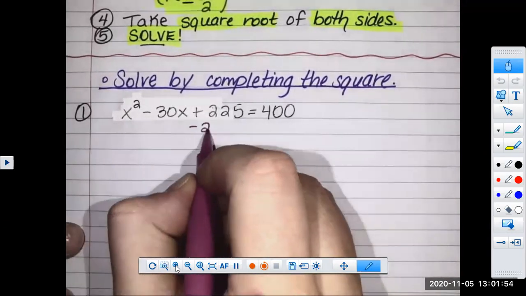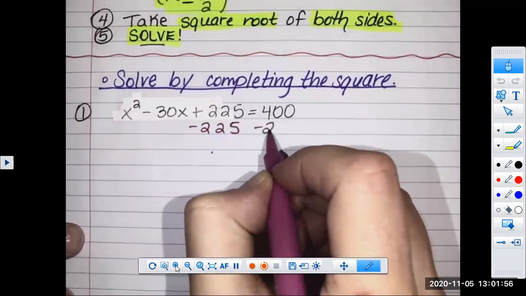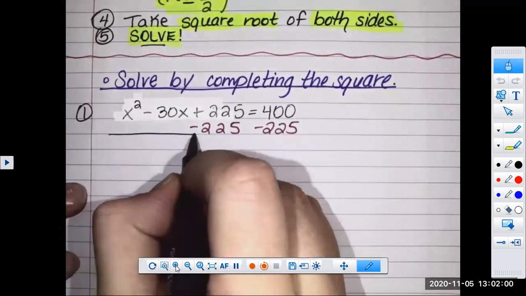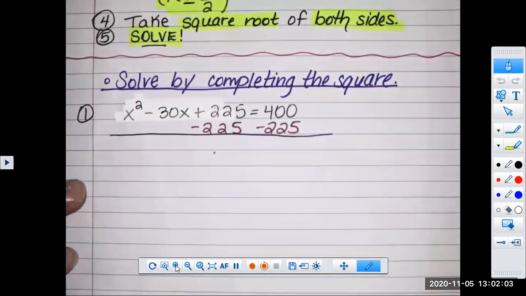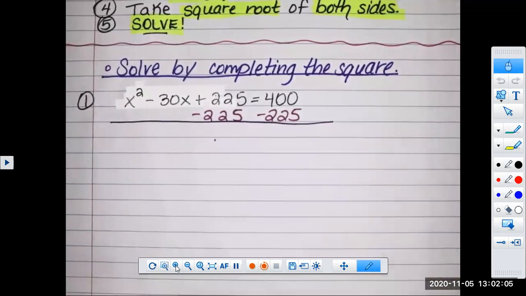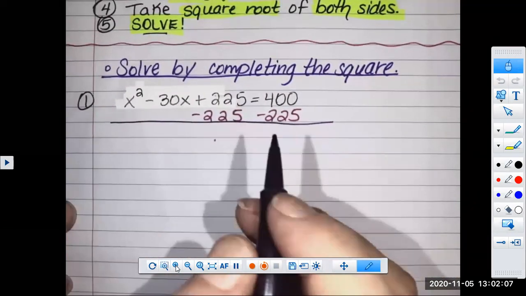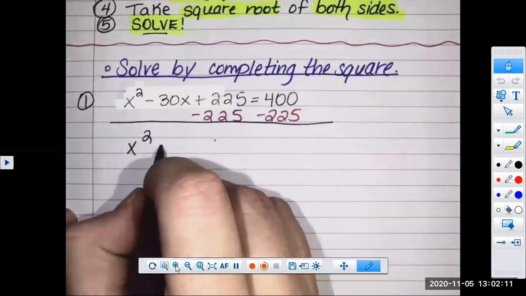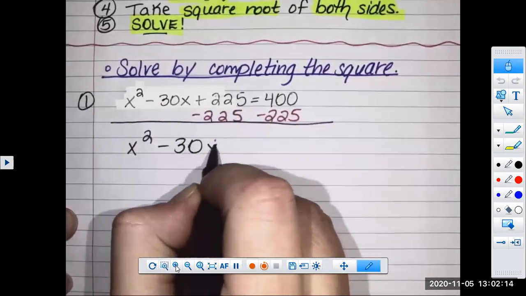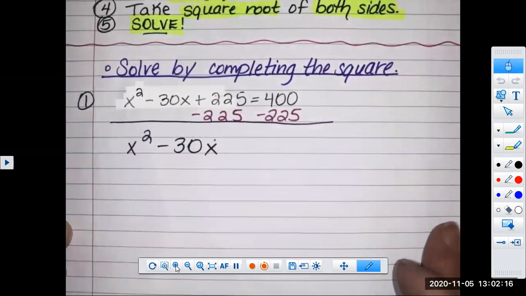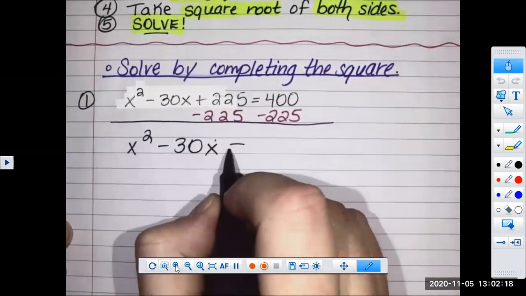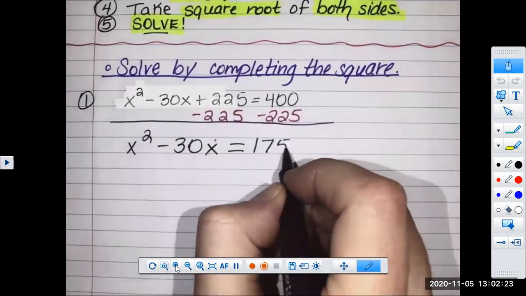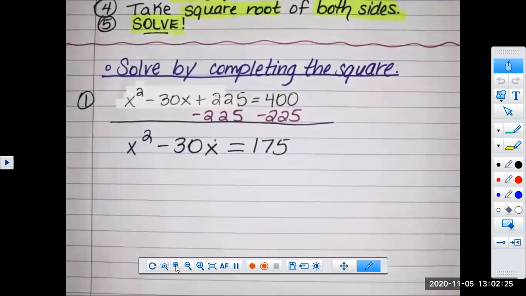You need to subtract it first. So that's going to give us x squared minus 30x on the left side equals 175 on the right side.